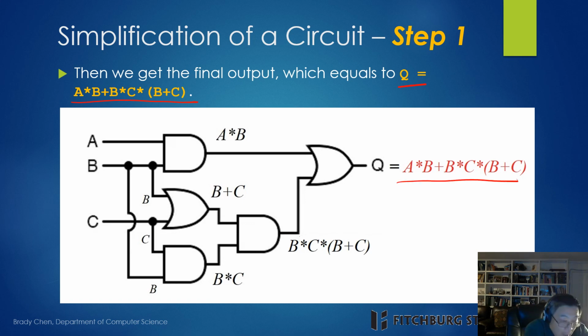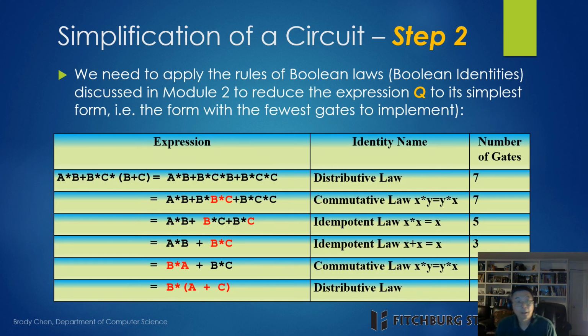Now the next step we can do is, can we simplify this Boolean expression? We will see. Okay, that's step 2 of the simplification of a circuit. We're going to apply the rules of Boolean laws, or the Boolean identities we discussed in Module 2.